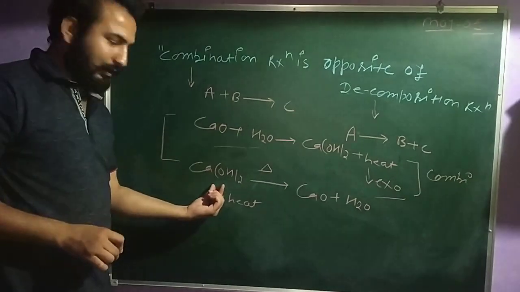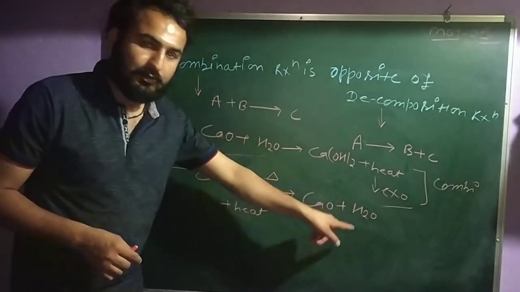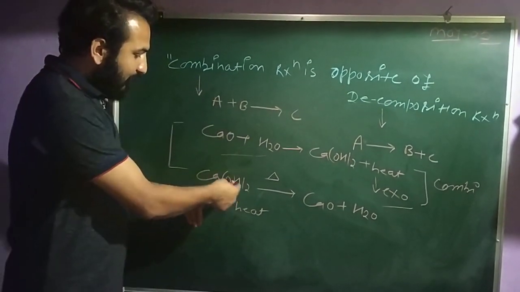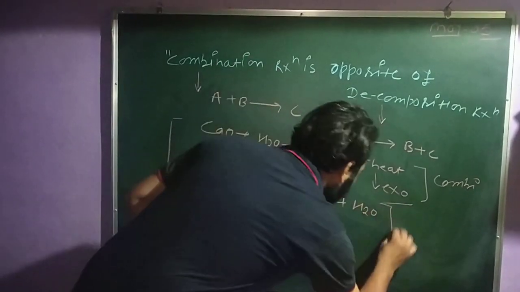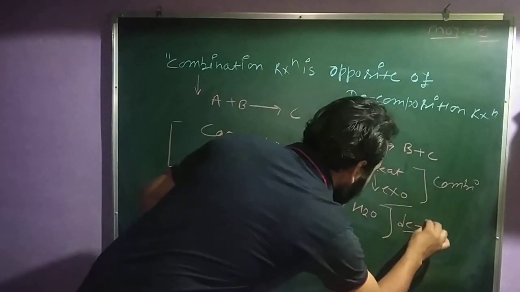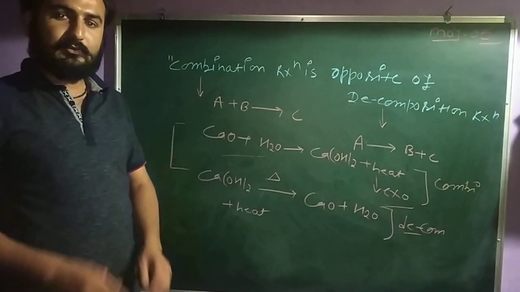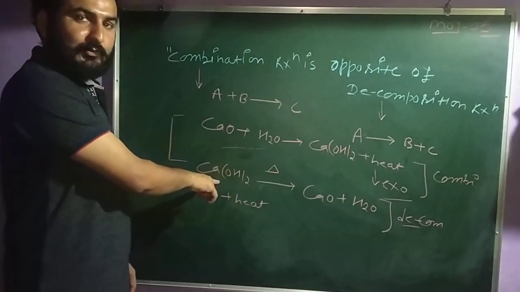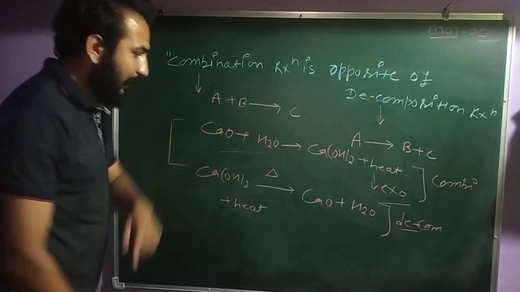Here only one reacting species breaks down into two or more products by absorbing some amount of heat, some amount of energy. So this is decomposition reaction. Clear? So directly you can say the combination is the opposite of decomposition reaction. This is exothermic. This is endothermic.